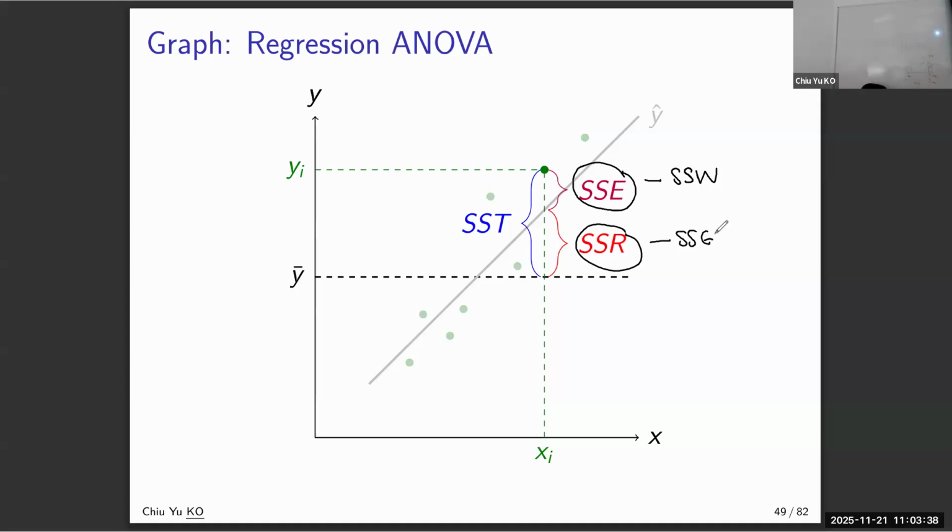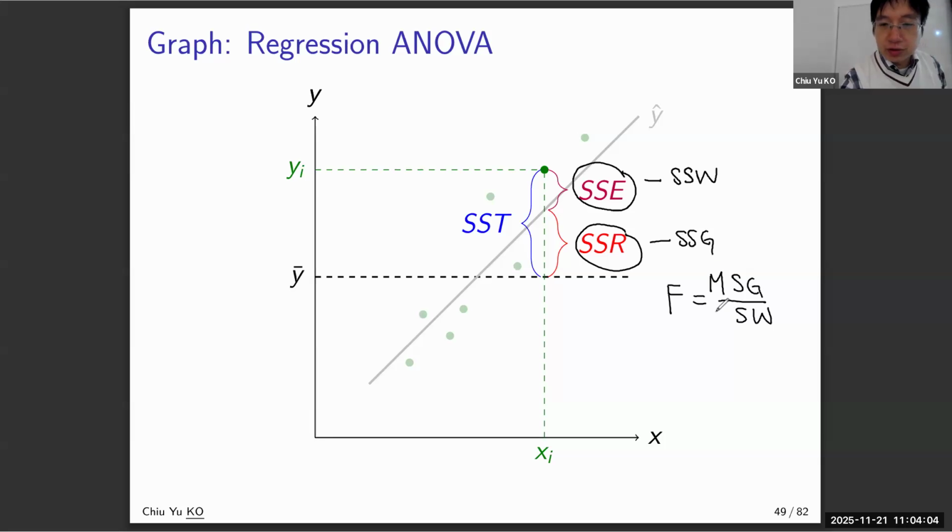Okay. And remember, when the ANOVA, you compare what? The F test is compare, right? You're asking, sorry, MSG. This is the ANOVA, right?